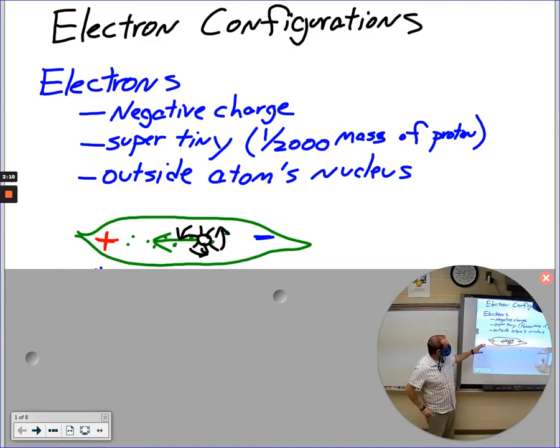We had these glass tubes, which they filled with a low pressure gas. They had a positive and a negative electrode hooked up to it, and they ran electric current through it, and it made the thing glow. And they also noticed that it gave off little particles that were flowing from the negative end over to the positive end. They weren't sure if they were particles, though. They could have just been rays or waves or something.